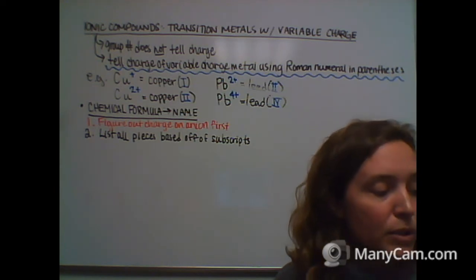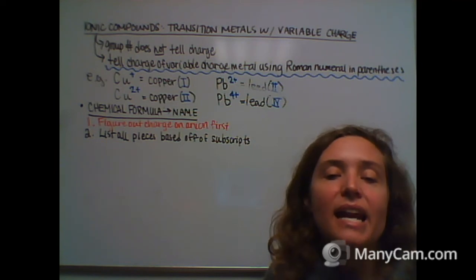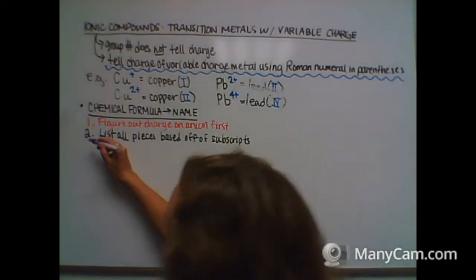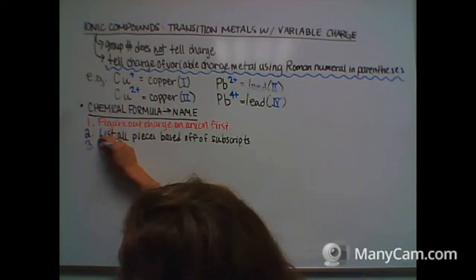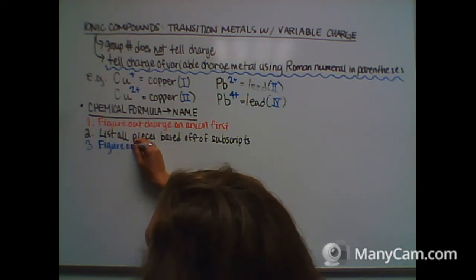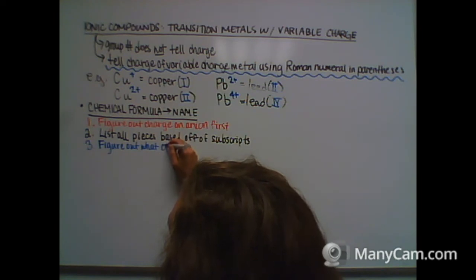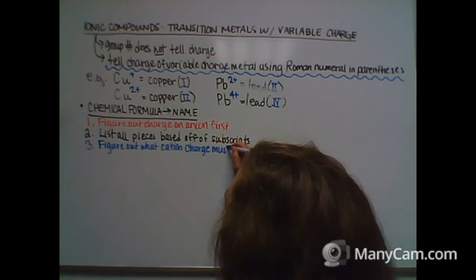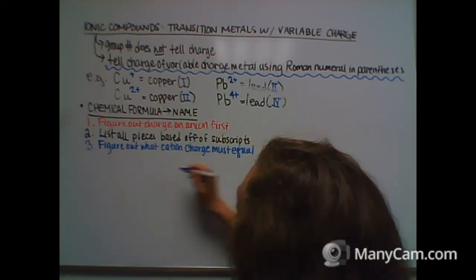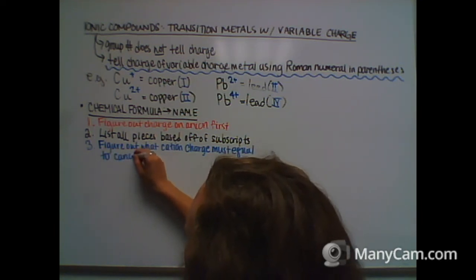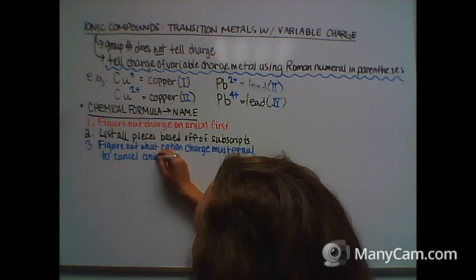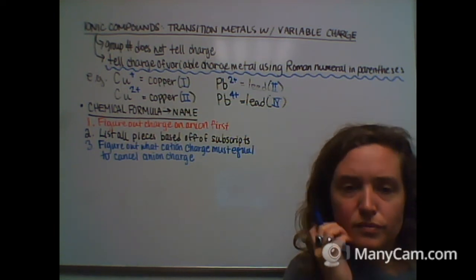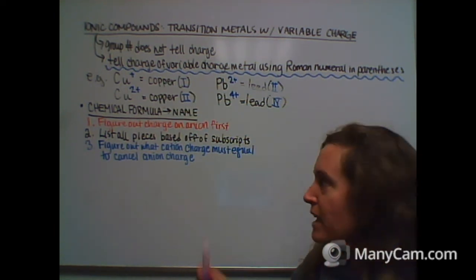And then the third step is we're going to find what the cation charge must equal in order to cancel out the anion charge. Then finally we'll name it. We'll name the cation plus the anion.